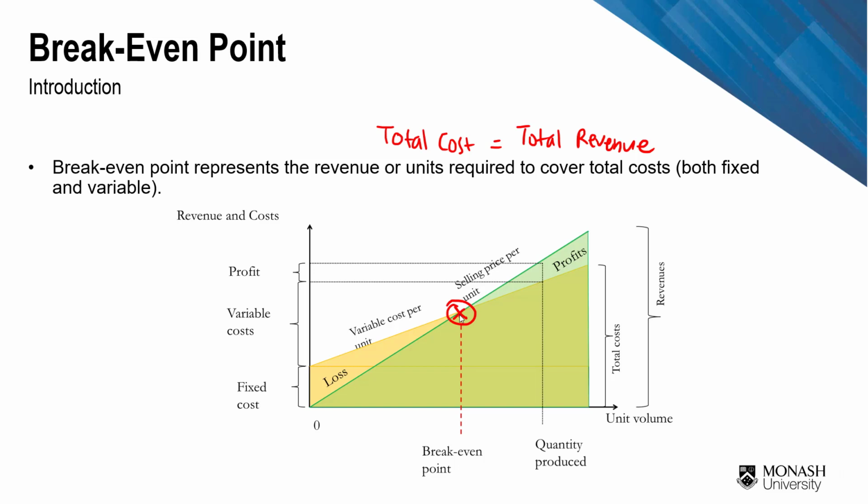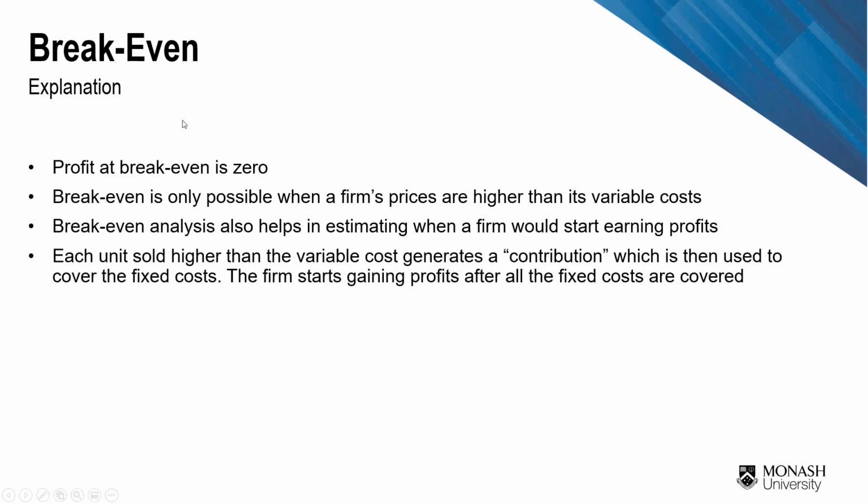And so does marketing, because we need to understand how we are doing, and if we are not doing well, we want to find out why. So coming back again to break-even point. The profit at break-even point is going to be 0, because that's where the total cost is equal to total revenue.